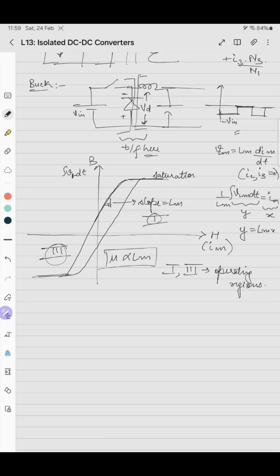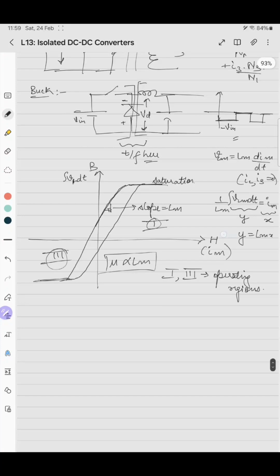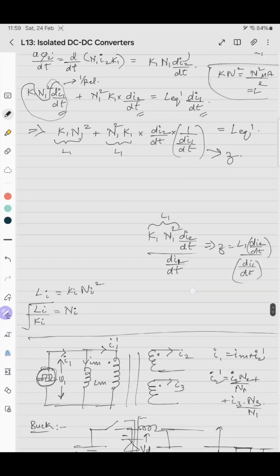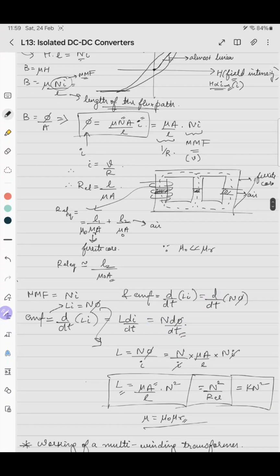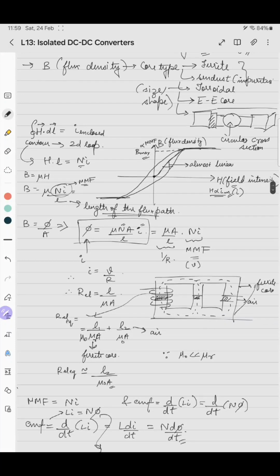So the magnetizing current Im is proportional to the magnetic field intensity inside the core, that is H, or flux phi, because we know that H is proportional to phi, and B is proportional to MMF, which is Ni. We already saw there was a relation between B and MMF. B is mu Ni.